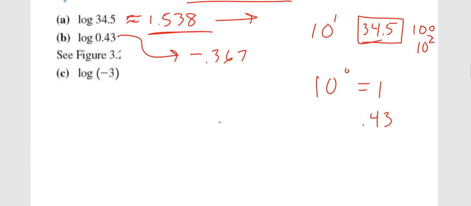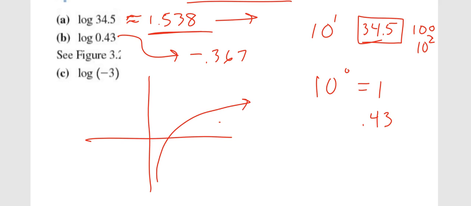Now, just as a reminder, what does a logarithm graph look like? Every logarithm graph looks pretty much the same as we talked about before. They all look somewhat like this, and base 10 would be no different.